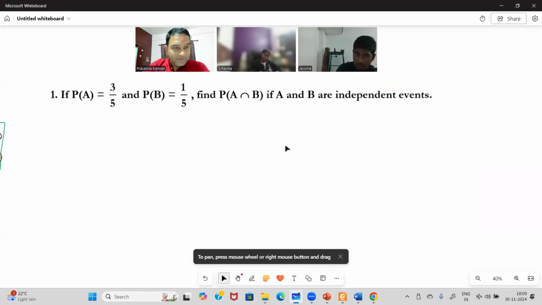If P of A is 3 by 5 and P of B is 1 by 5, find P of A intersection B if A and B are independent events.